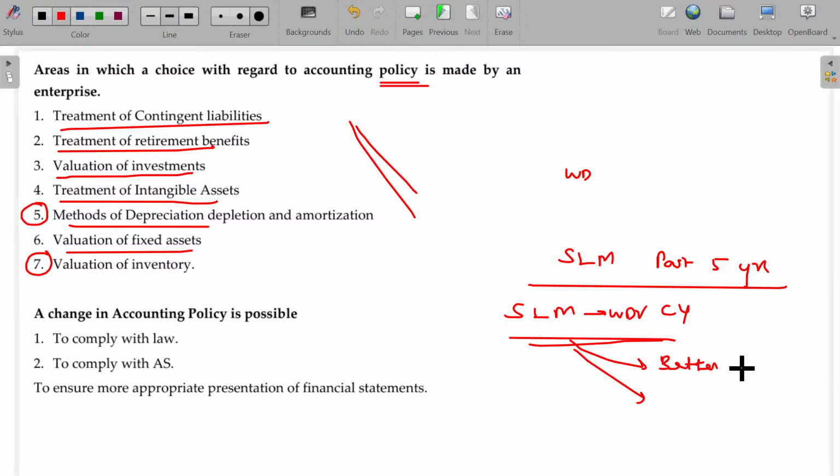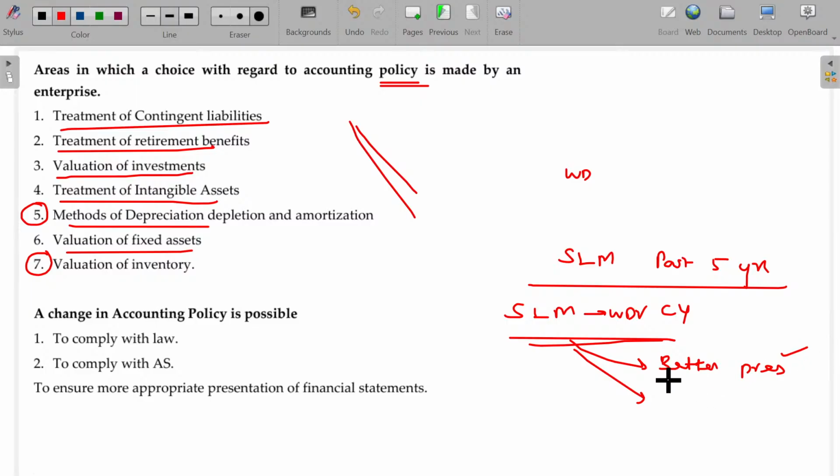SLM seems to be logically not good, sir, for identification of the correct profit. If I follow the WDV method, I can get the exact profit, sir. Can I shift myself? Okay. State this and shift, and inform in the notes to accounts that you have shifted from the SLM method to the WDV method.